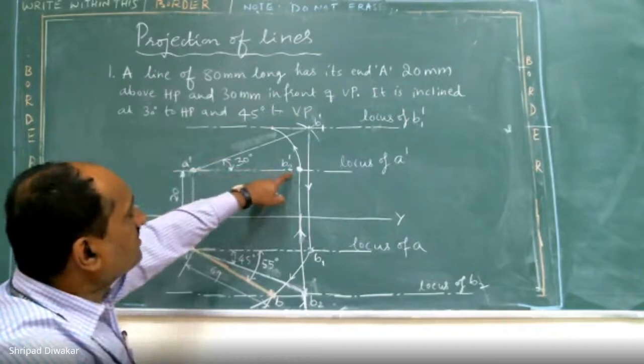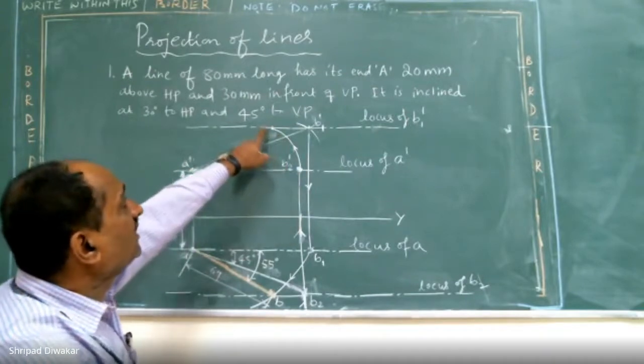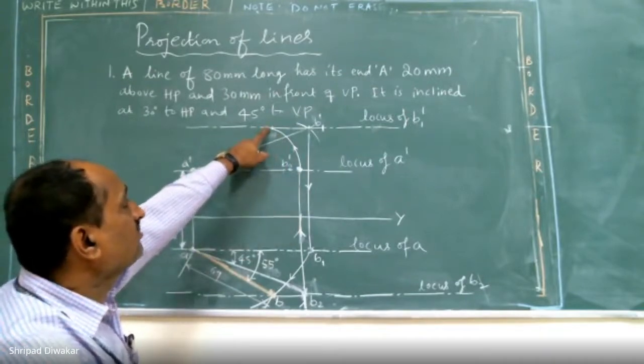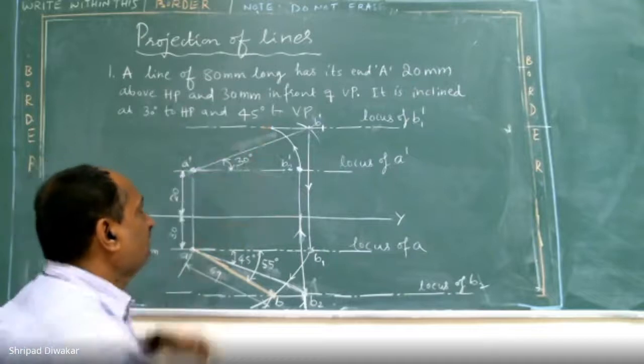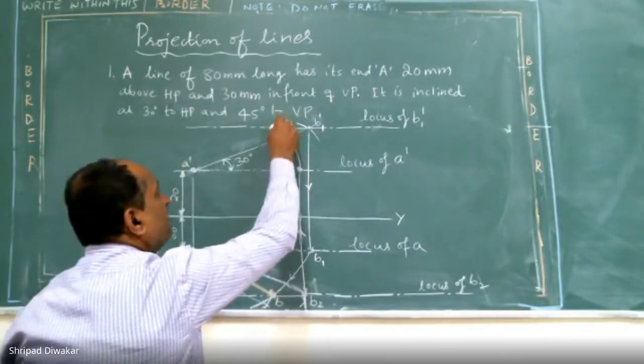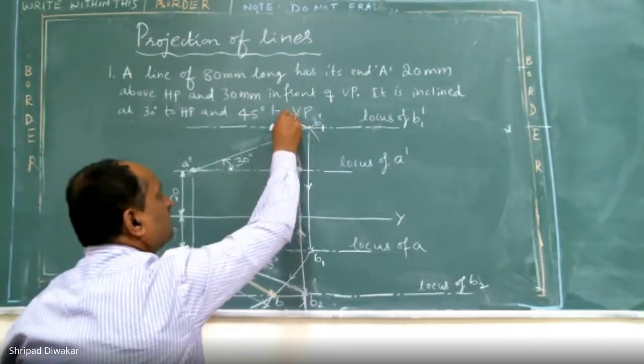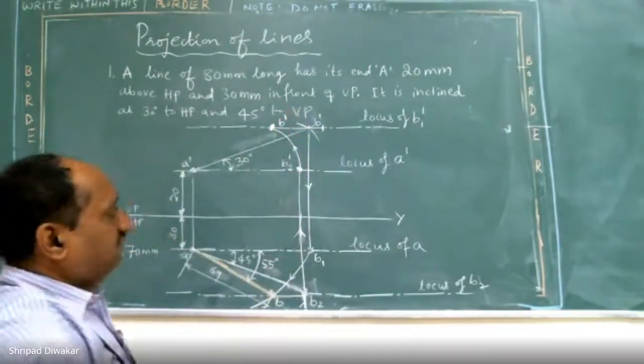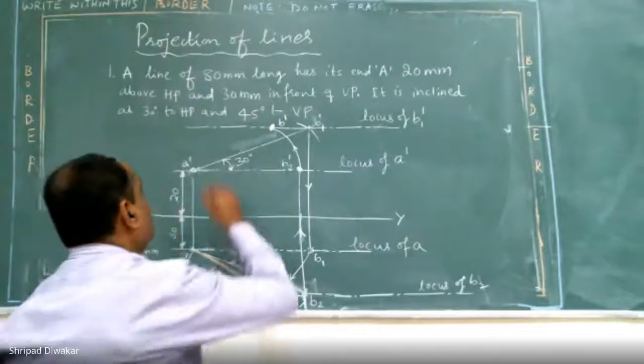It cuts the locus of B1 dash at some point. So you got this point, right? So this is your B dash. Okay. This is the apparent length in front view. Join that line.